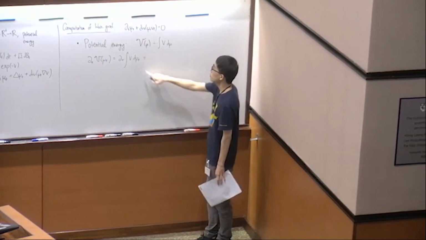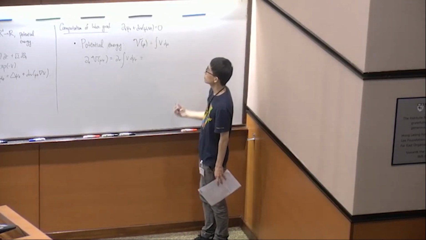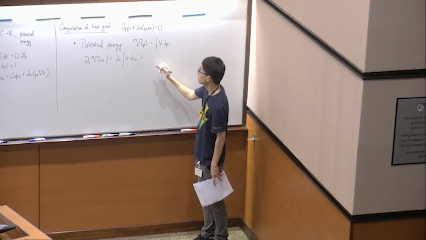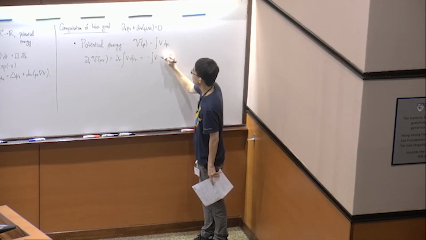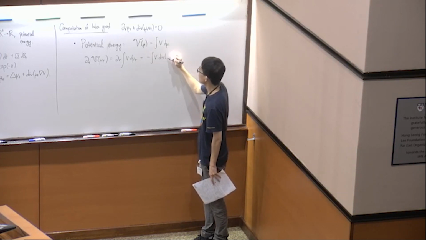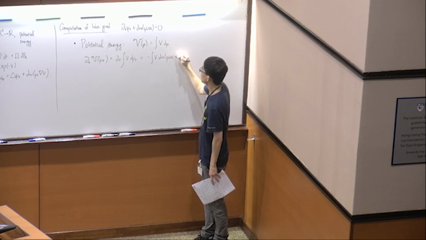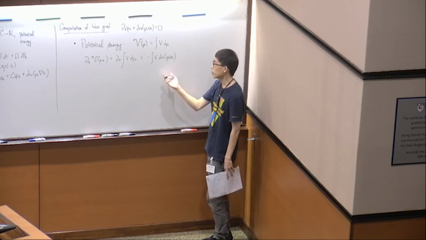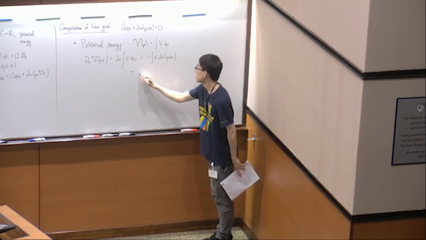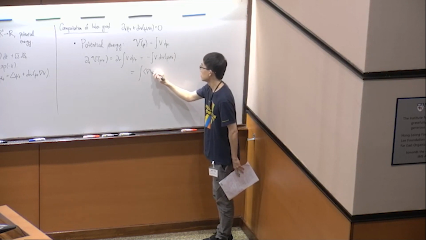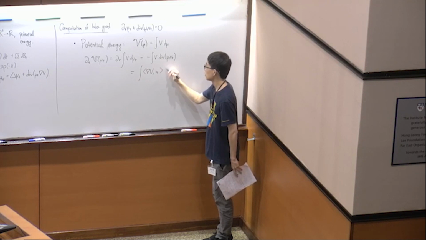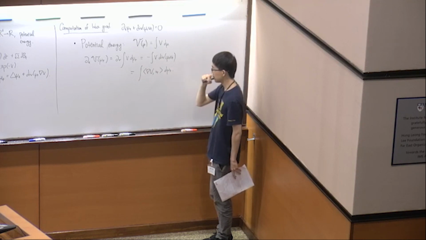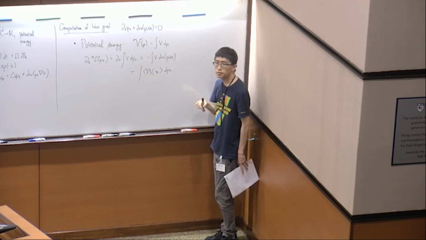The way that you do it is that you plug in the equation for partial t mu t. So this is minus the divergence. And then you integrate by parts. So you get this.